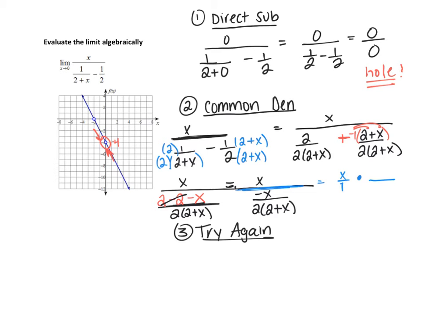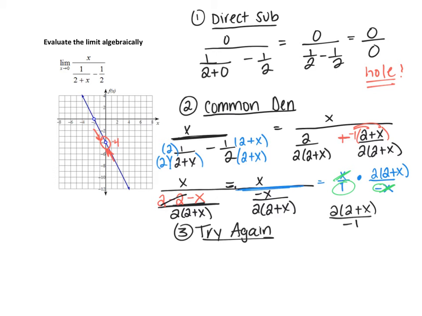So we're flipping this, x and 2 times 2 plus x. So the 2 times 2 plus x goes on the top, and the bottom is -x. So what you should notice is that these cancel, and you're left with a -1 on the bottom. So the final answer is 2 times 2 plus x over -1.